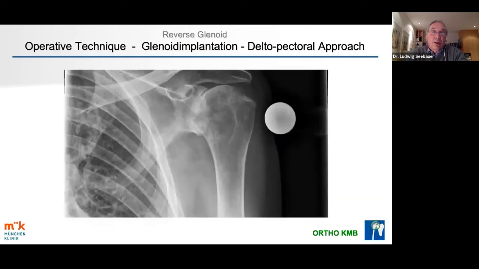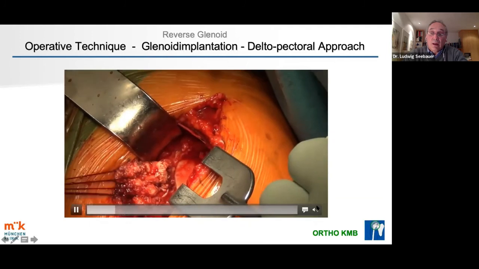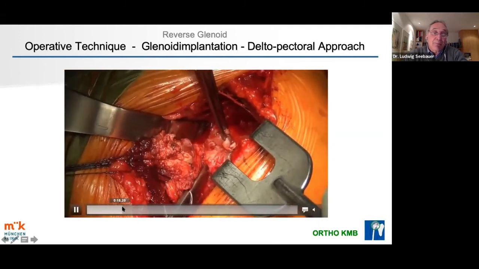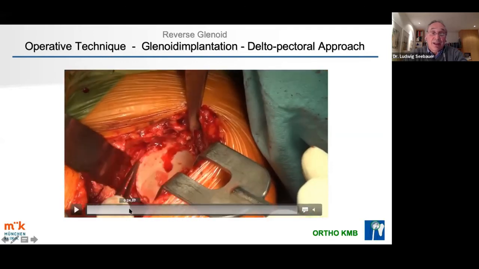On the other side, with the deltopectoral approach, as you have already seen, the approach is easier. If you do the deltopectoral approach, before reaming I keep my subscapularis and reattach it again, with enough capsular releases around.